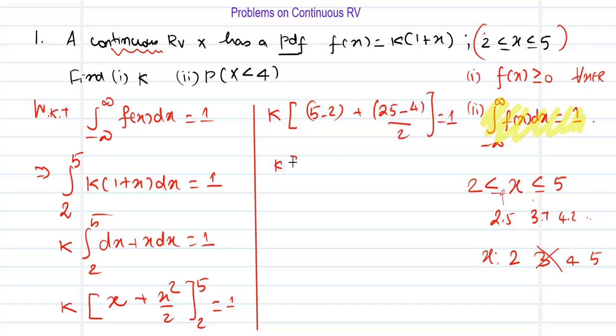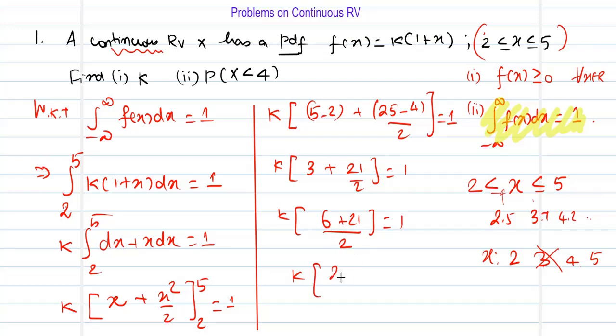Solve for it. k into 3 plus 25 minus 4, 21 by 2, equal to 1. Take LCM. So 2 will be your LCM. 2 3s are 6 plus 21 equal to 1. So k times 21 plus 6, 27 by 2, equal to 1. So what can we say about k? Cross multiply it to the opposite side. 2 by 27 is the value of k.